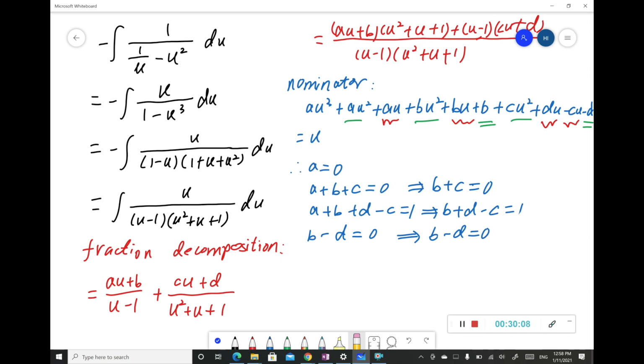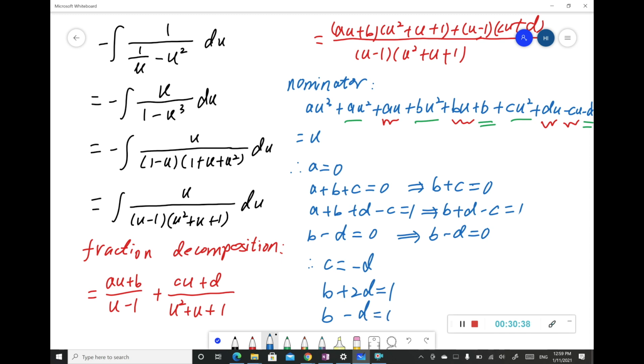For these 3 equations, we could get c equal negative d. So the second equation becomes b plus 2d equal 1.